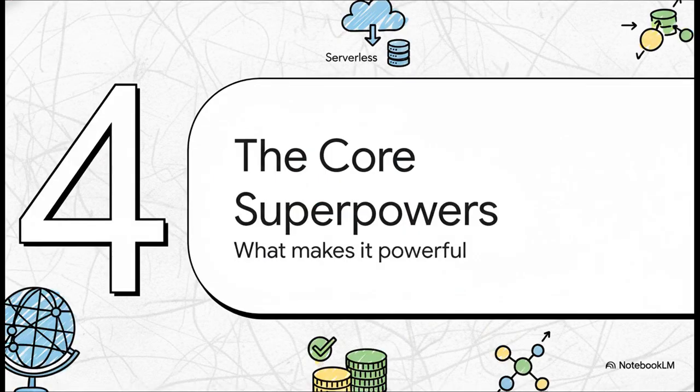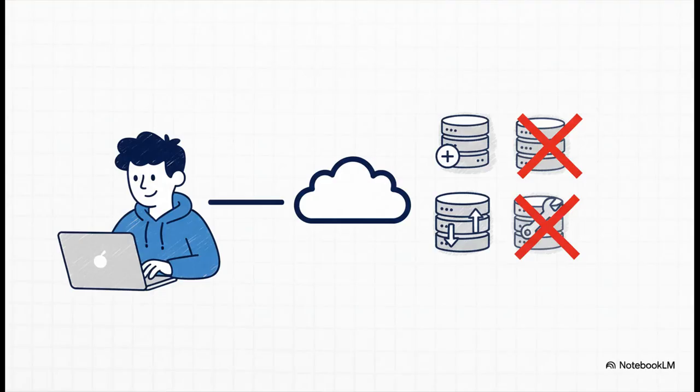Okay, so that's the architecture. But what about the features that developers actually use day to day? Let's talk about the superpowers that really make FaunaDB stand out. The number one superpower, and this is the one that really gets developers excited, is that it is truly serverless. And that means zero operations. You never have to think about provisioning capacity, scaling up, or patching servers. You just write your code.